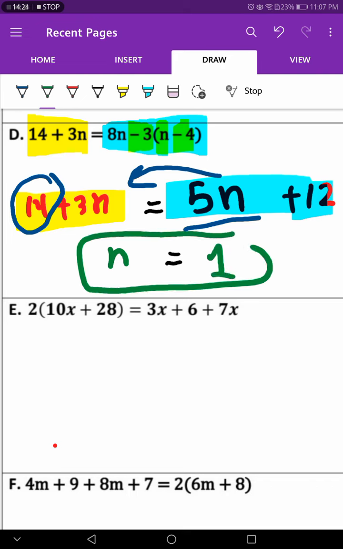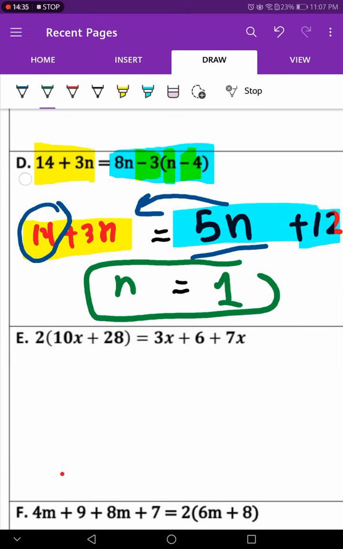This is correct. And you know what is the meaning of solution? Yes, n equals 1. That means equation D has the solution n equals 1. Let me explain to you, Rian.